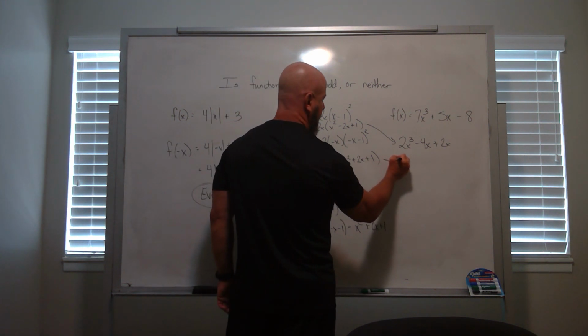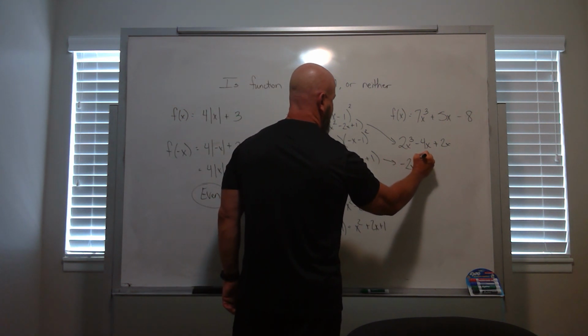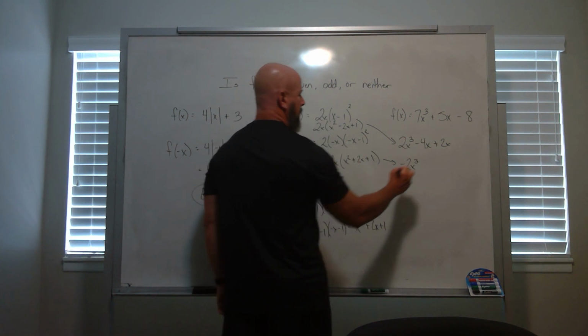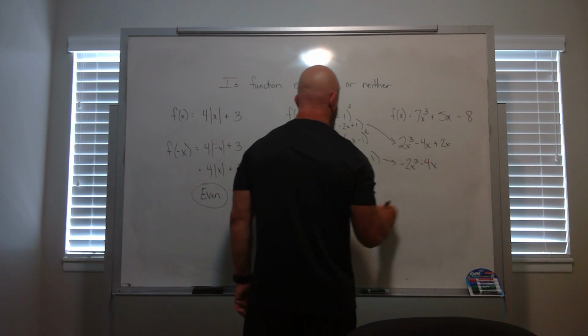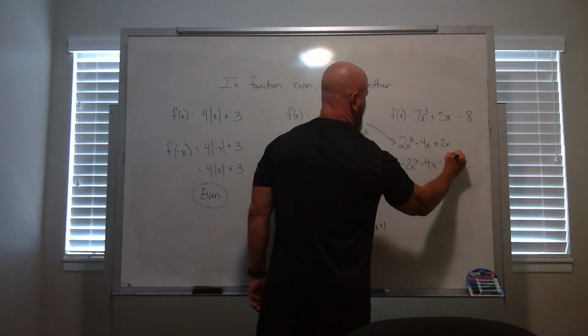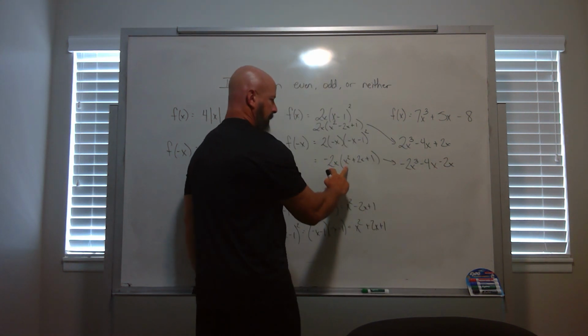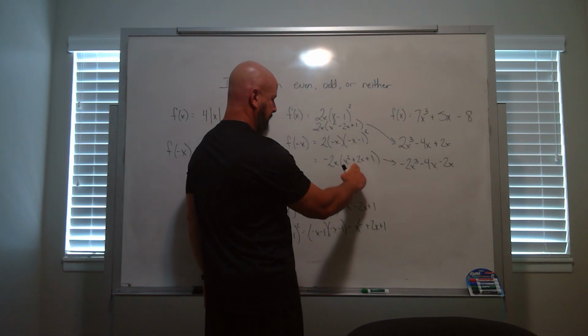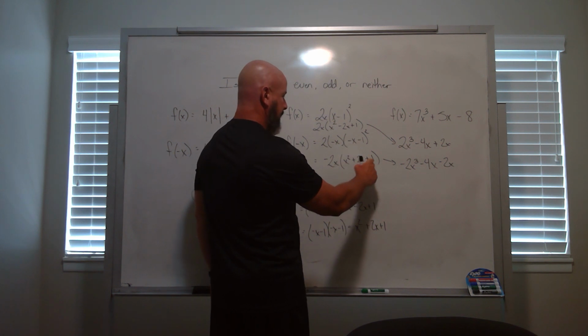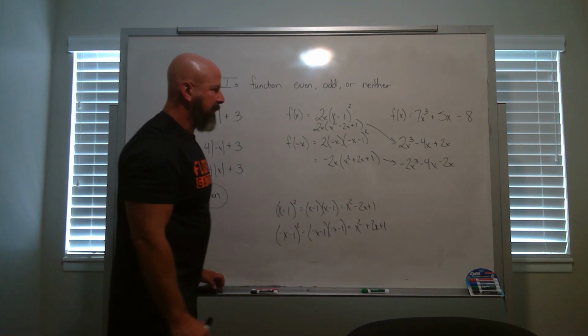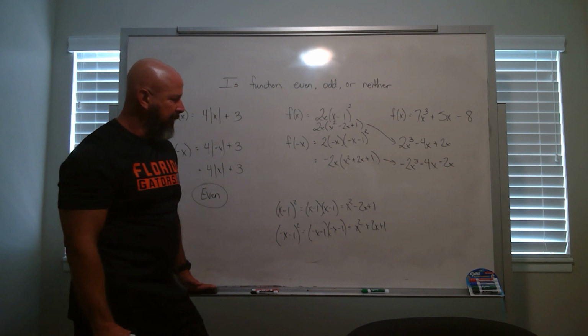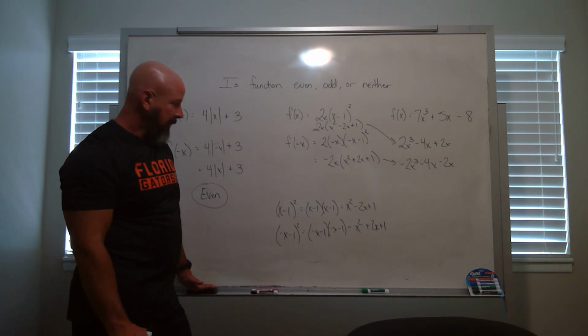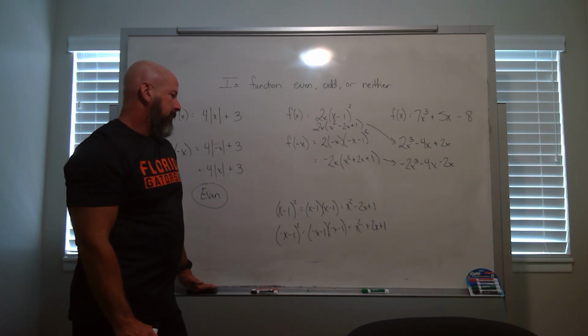This one multiplied out, negative 2x cubed minus 4x minus 2x. So the negative and a positive is negative, and then that negative. And then I can investigate a little bit there. x plus x is 2x plus 1.